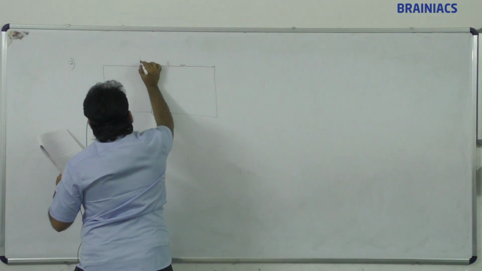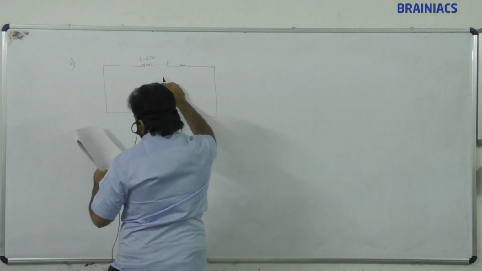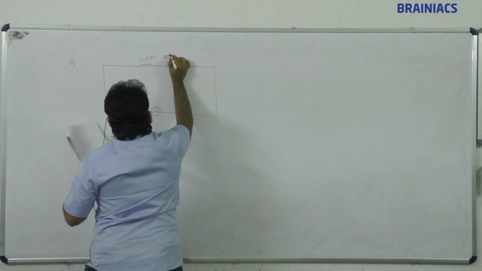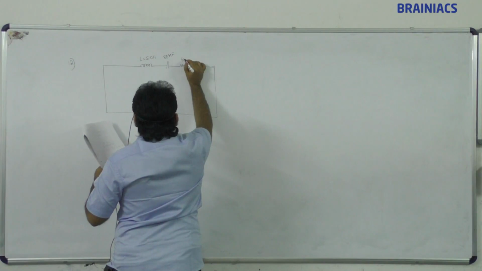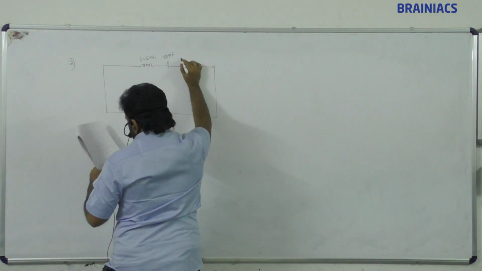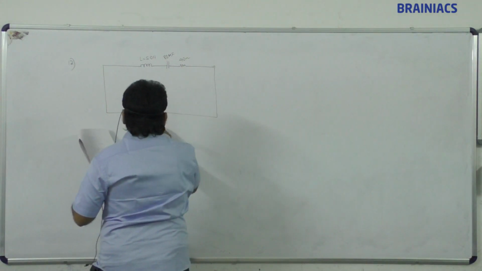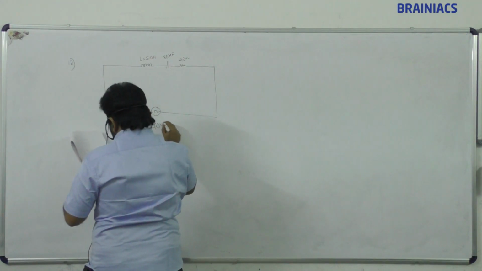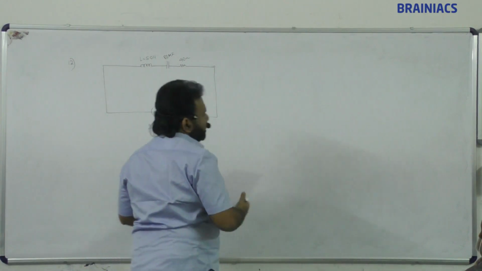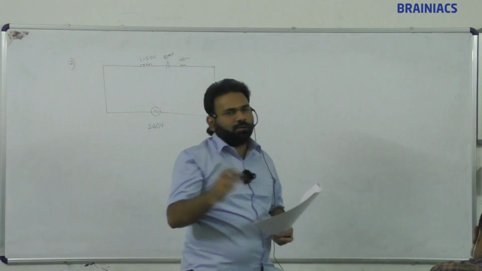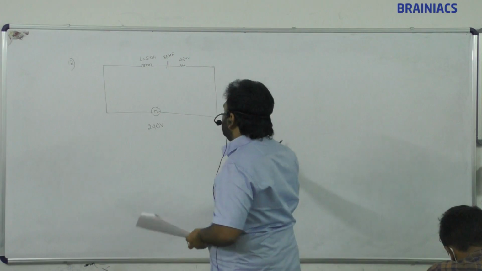If they have given Henry, this is nothing but the value of L. 80 microfarad capacitance is also given. Resistance is given as 40 ohm. The source is 240 volt and frequency is not given. So we don't need any diagram itself.